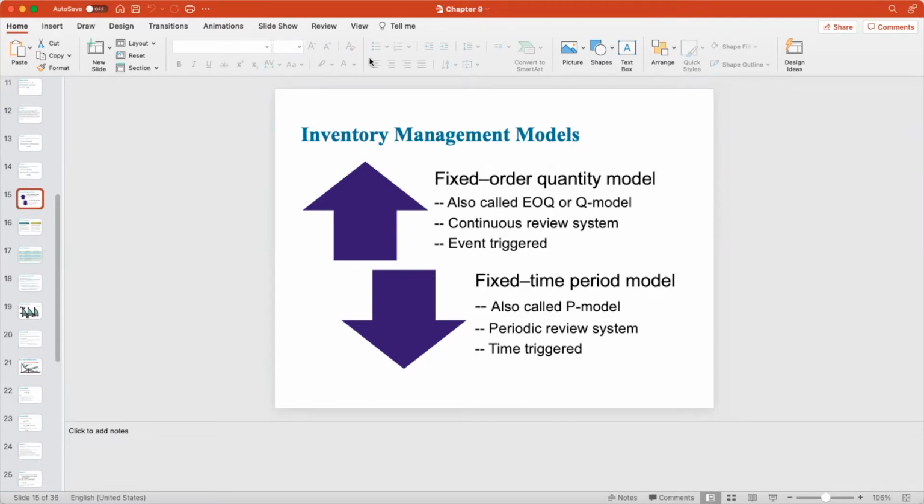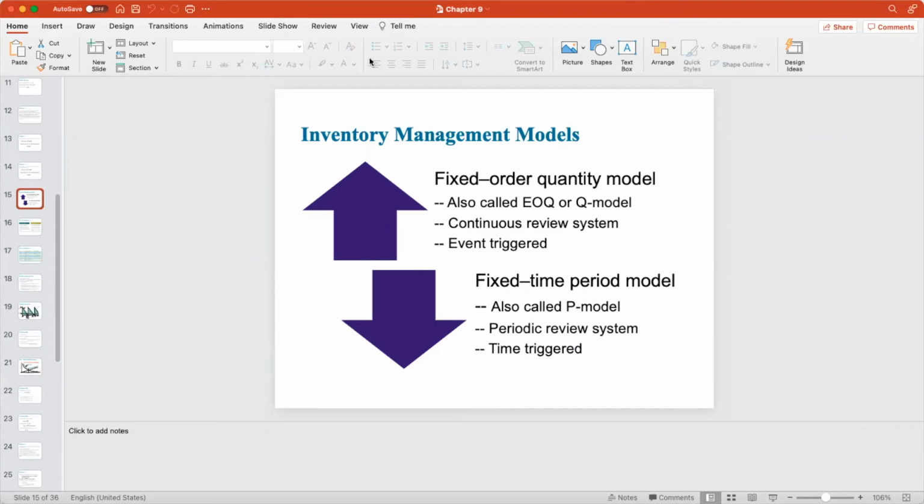After we talk about the fixed order quantity model and the fixed time period model, I would like to point out a very important key difference between these two models conceptually. Within the fixed order quantity model, the order quantity that you reorder each time within this whole dynamic process is fixed. However, the time period between two reorder events is flexible.